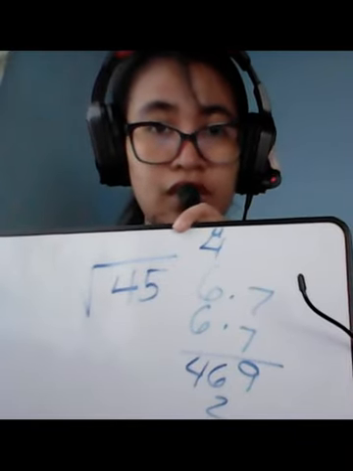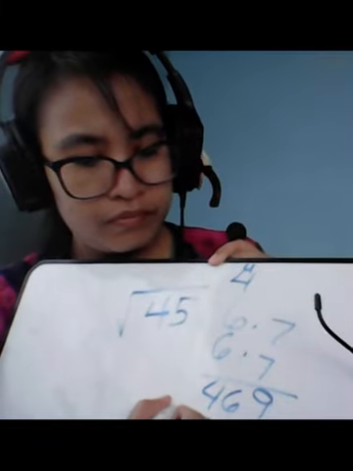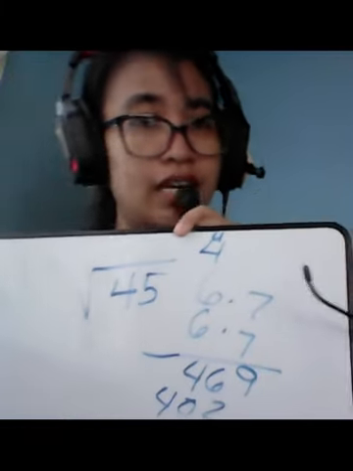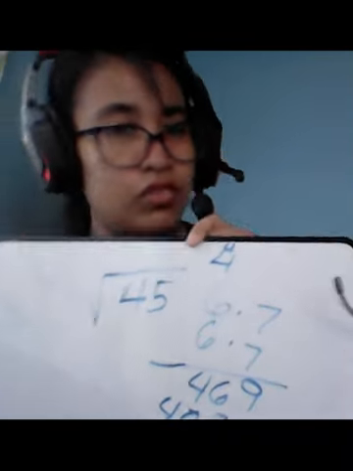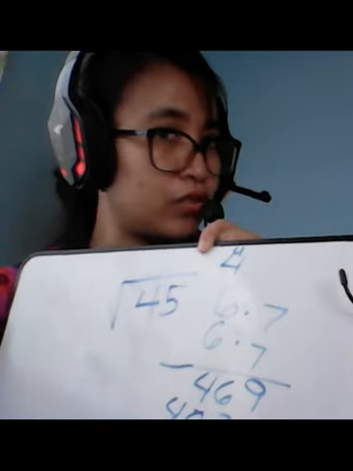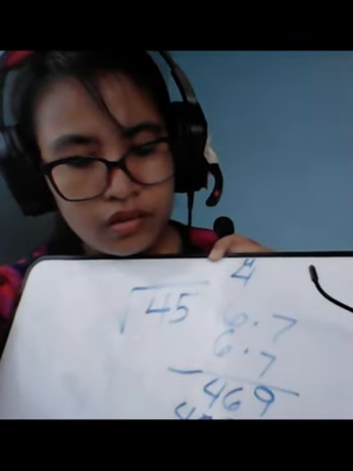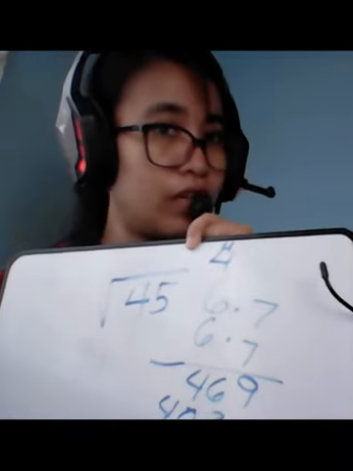Six times 6 is 36 plus 4 is 40. Again, after multiplying, we need to add. So bring down our 9. 6 plus 2 is 8. 4 plus 0 is 4. Bring down the 4.